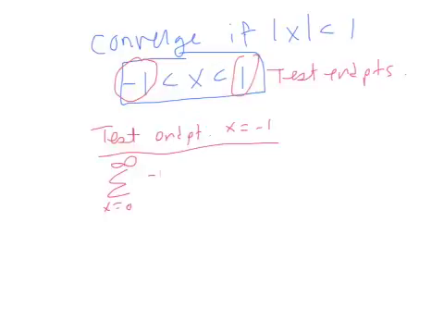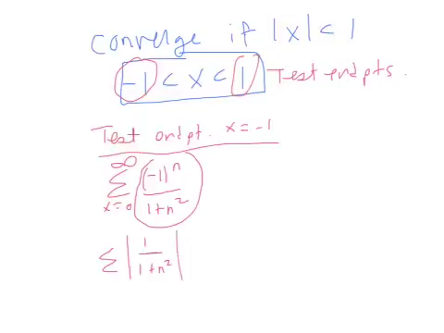and you're going to have negative 1 to the n over 1 plus n squared. Well, if you take this and put it in absolute value, because that's an alternating series, then you're interested in the series 1 over 1 plus n squared and how that behaves. Well, 1 over 1 plus n squared, we could show that that converges when the limit comparison test is used.